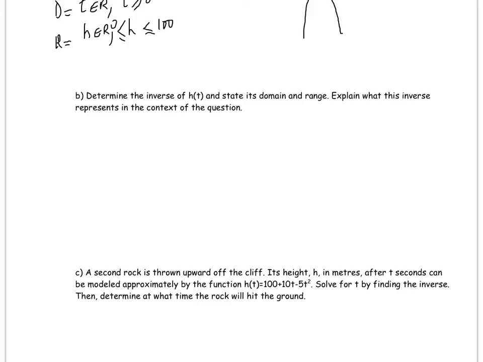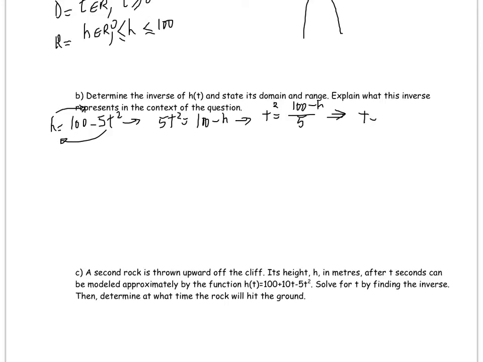Part B of the question says determine the inverse of h of t. Remember that h is 100 minus 5t squared. So from here, if I move negative 5t squared to the left and h to the right, I get 5t squared is 100 minus h, or t squared is (100 minus h) over 5.